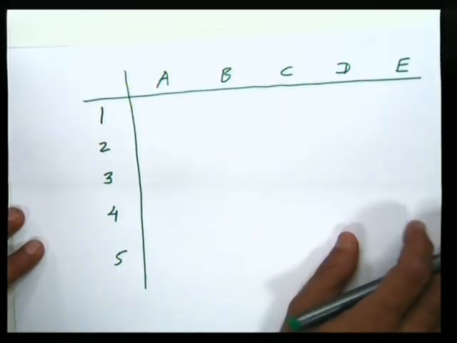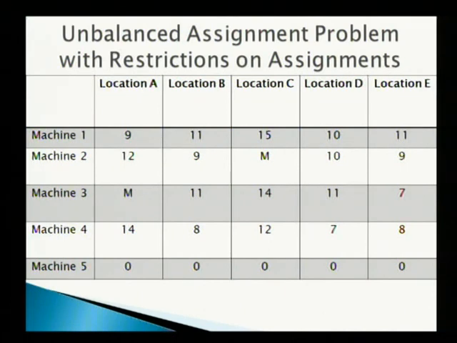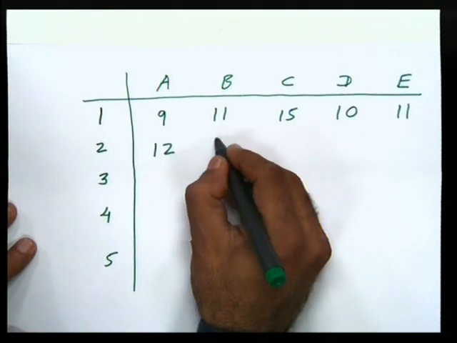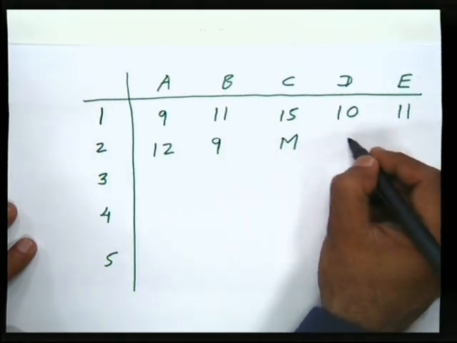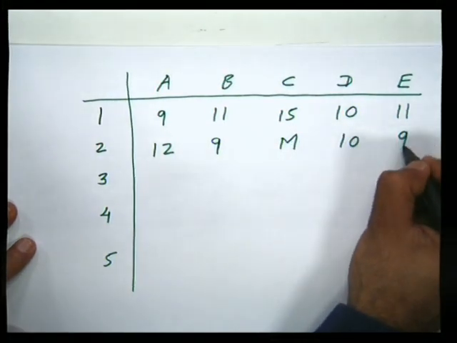The first row values are 9, 11, 15, 15, 10, 11. Second row is 12, 9, 9, M, 10, 9.